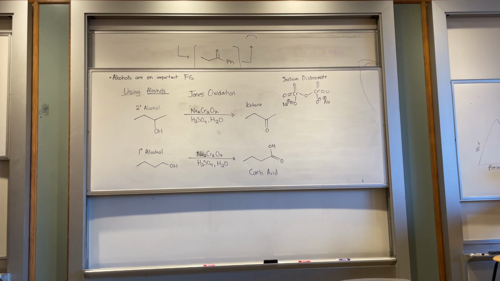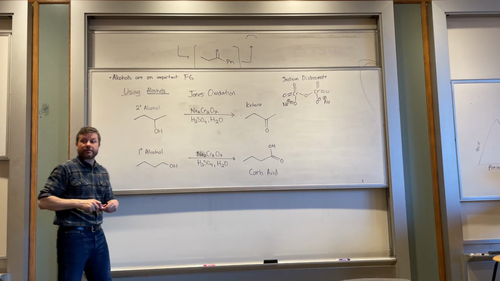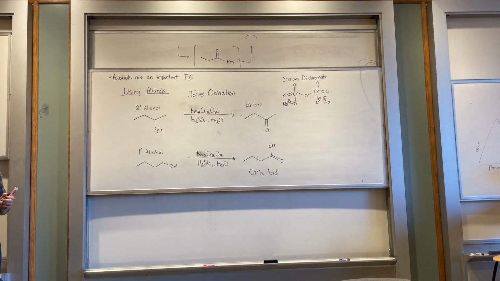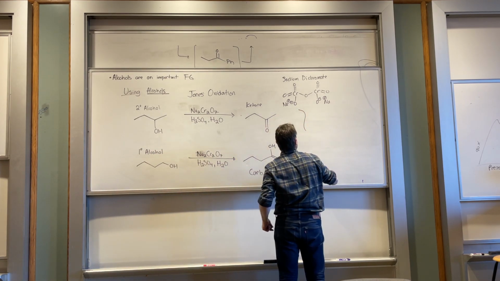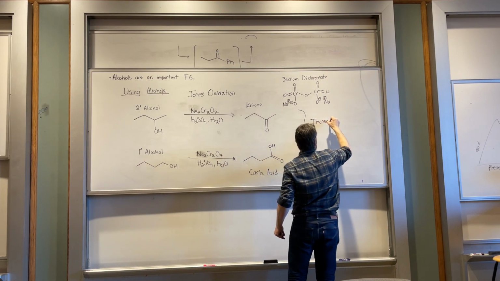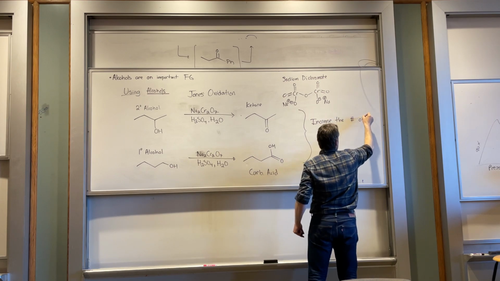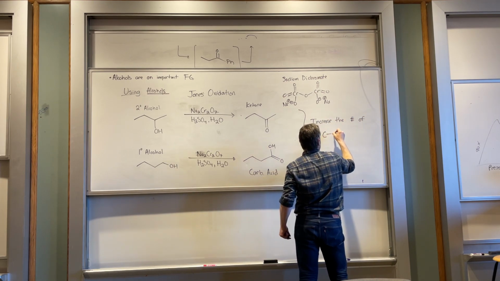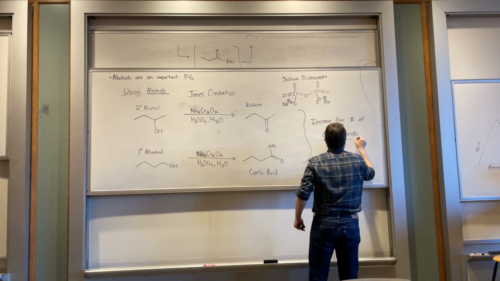So oxidation of a primary alcohol under Jones conditions results in the formation of a carboxylic acid. Right?